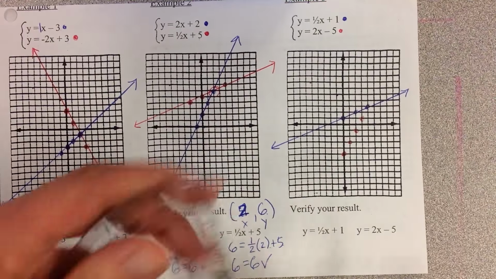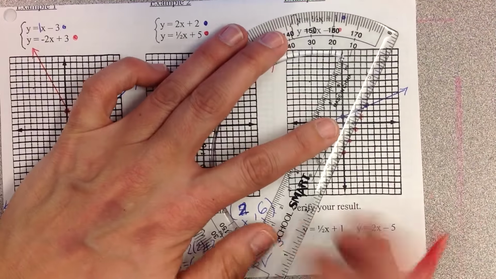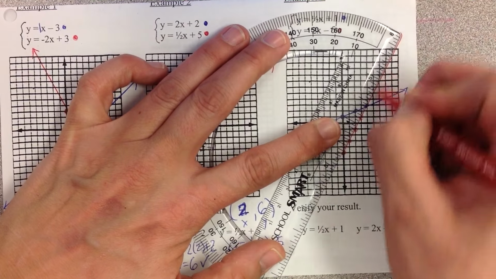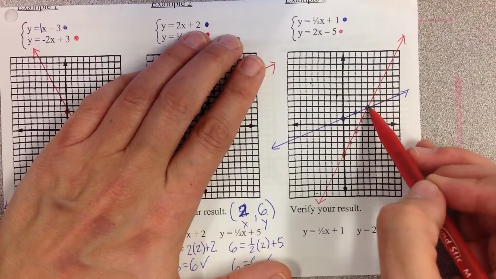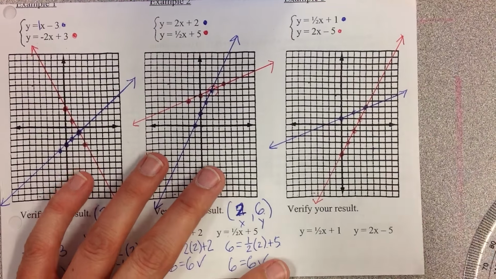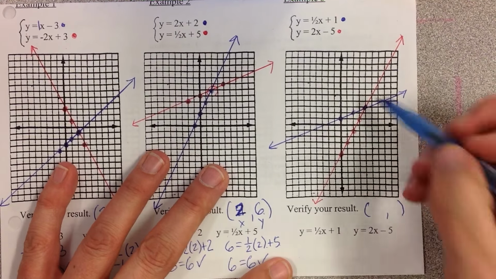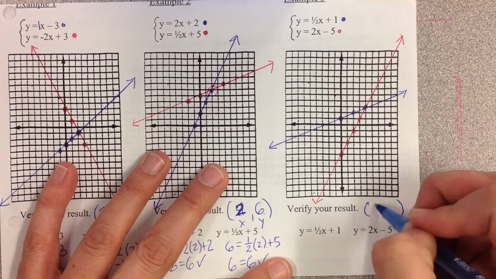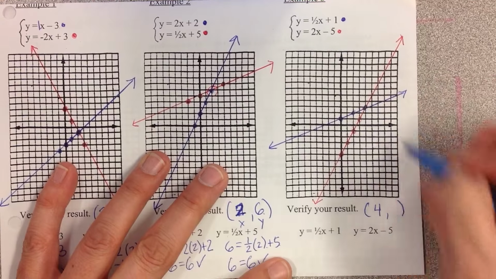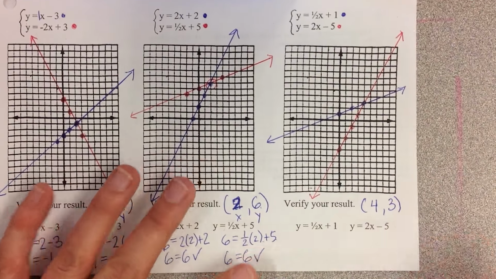I like to do the dots until I can see exactly where those two lines cross. Sometimes with graphing, if your lines aren't perfectly graphed, you could be off a little bit, so it's hard to tell what integers they are intersecting at. Our x-coordinate is 4 in the x direction, and 3 in the y direction. Whew, got that right the first time.